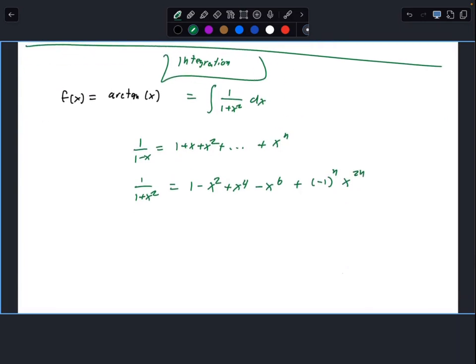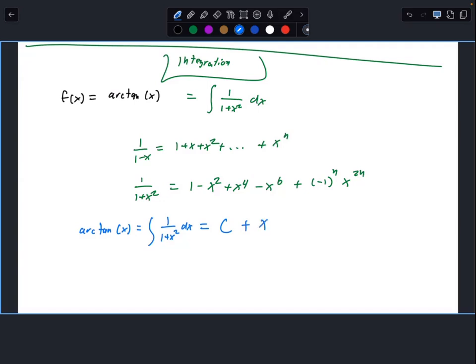And so now we can do arctan, which is the integral of 1 over 1 plus x squared dx, which is equal to the constant plus, right? Instead of saying the indefinite integral, I'm going to put the constant up front. And then we can integrate.